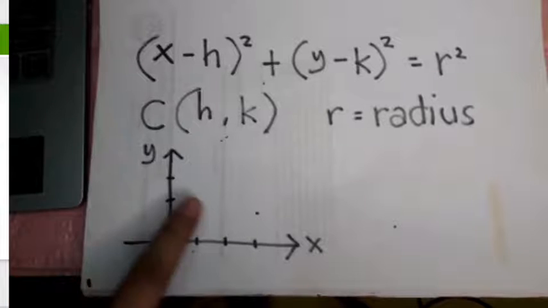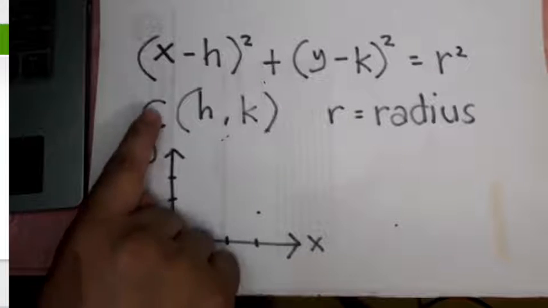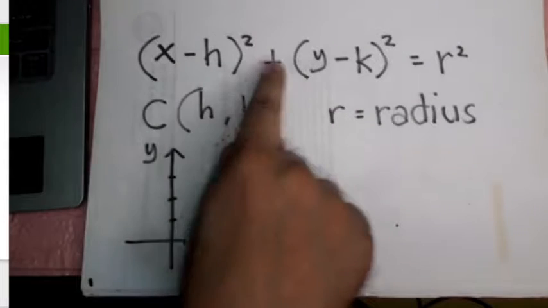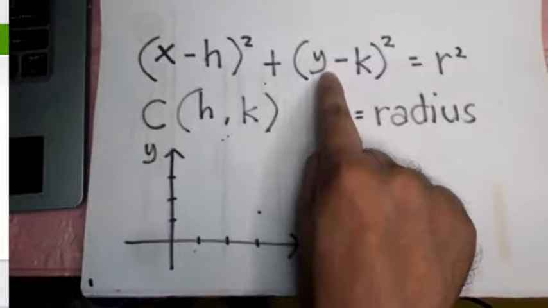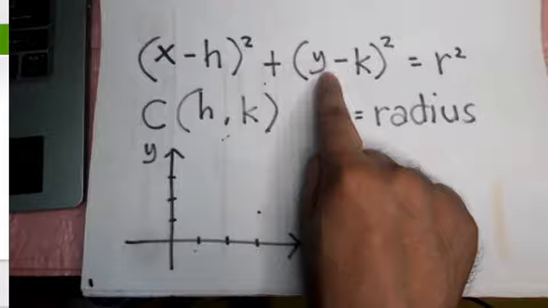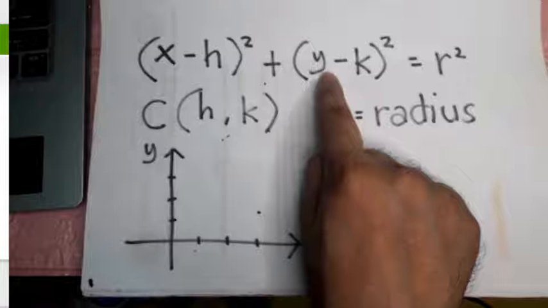However, what do we mean by H and K? So, H, K is actually the center. Center of what? Center of the circle, because we are talking about a circle. For example, we have a circle here. So, the center is C. And we have the radius. What is the radius?